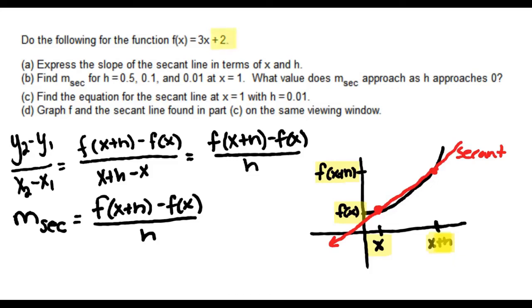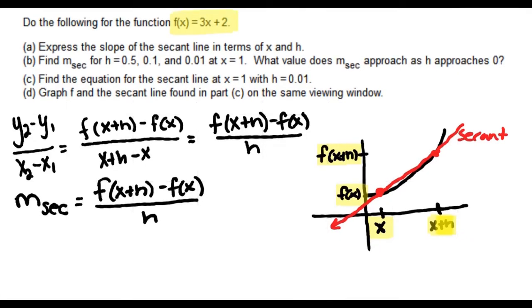We want to find the slope of the secant line for our function f of x equals 3x plus 2. So I'll start off by finding f of x plus h. Everywhere I see an x, I'm going to change it to x plus h. So that becomes 3 times x plus h plus 2. And then I want to subtract f of x. Our function f of x is 3x plus 2, and notice I put parentheses around that function.